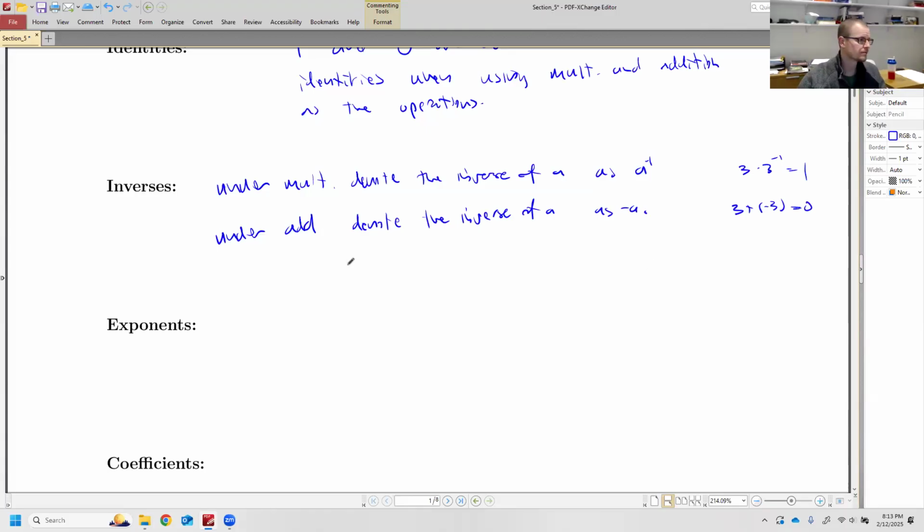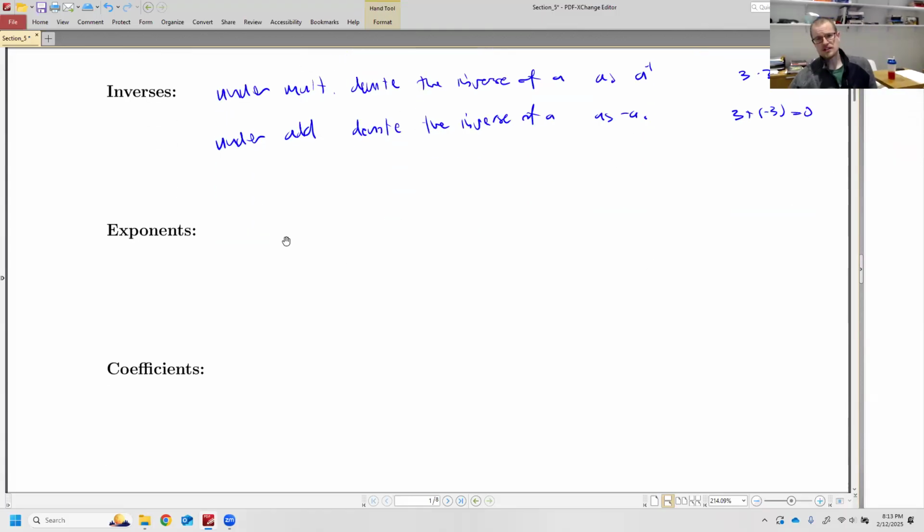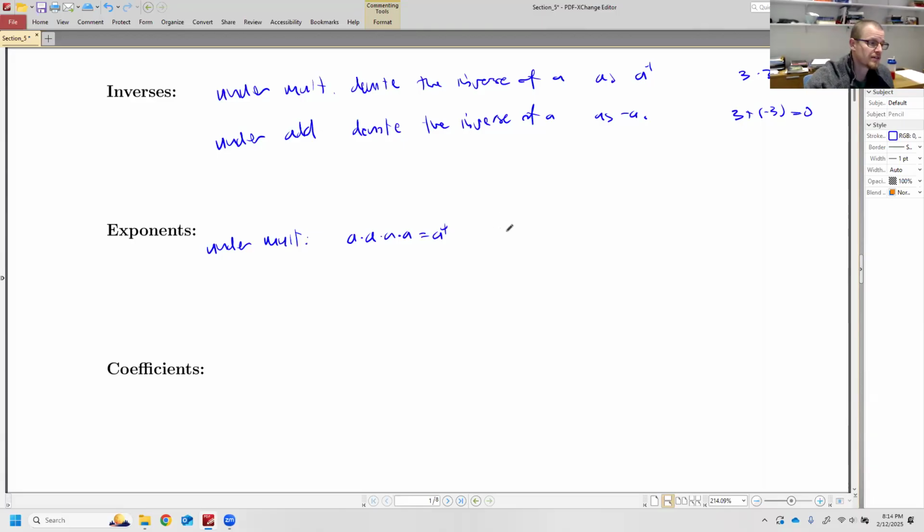So that brings us into the idea of exponents and coefficients. Under multiplication, we can use our usual exponential notation. So if I say a times a times a times a, for example, I can write this as a to the 4th. And this works out perfectly fine, even when we talk about inverse notations.